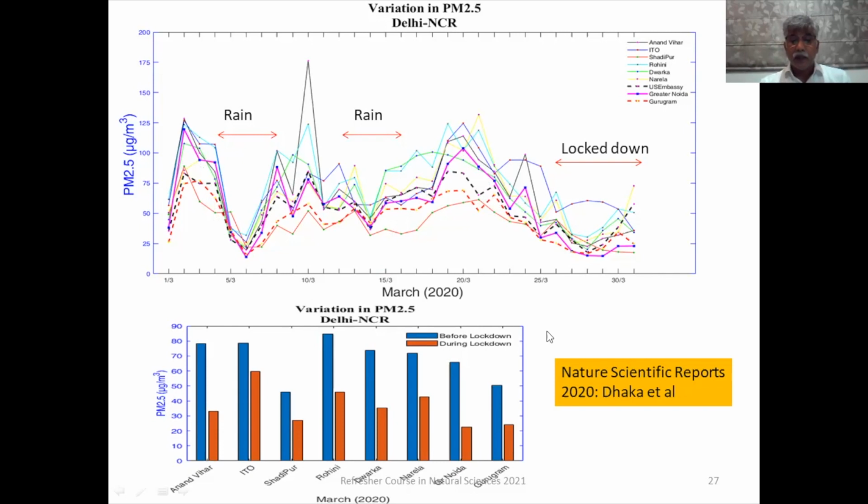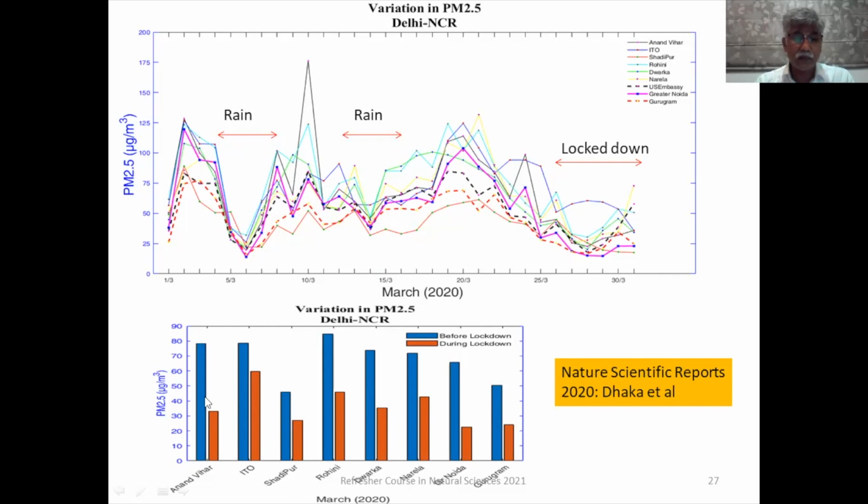Now, just to tell you how things changed in the lockdown quickly. The bottom panel is at different stations, and blue is before lockdown, and this other color shows during lockdown. So can you see the two histograms at each station?